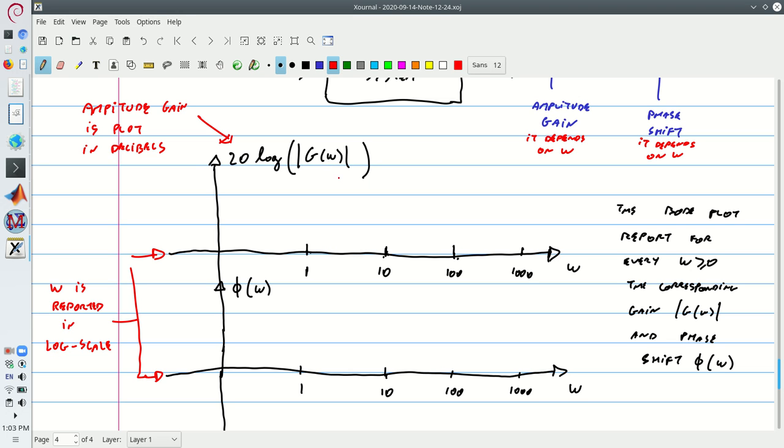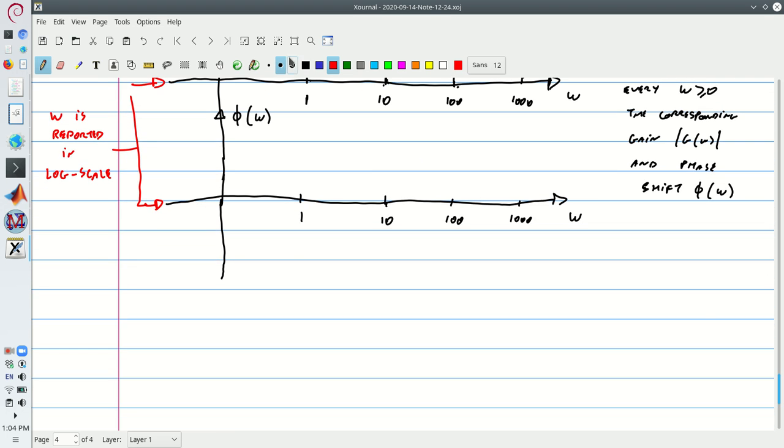The reason why this is done is that once upon a time we didn't have computers that were very fast and efficient at drawing plots, and so these plots had to be drawn by hand most of the time. Often, just to do something quick, you had to draw this by hand.